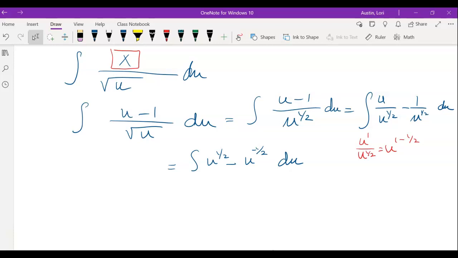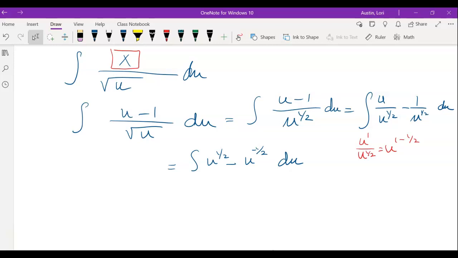How? Tell me how. Technically, it never stops. And you may learn a method later on where you can integrate something like that. But more than likely, you're going to break it up.